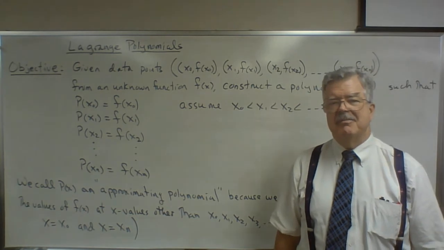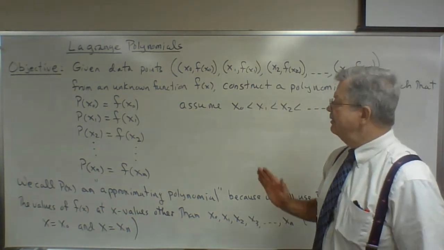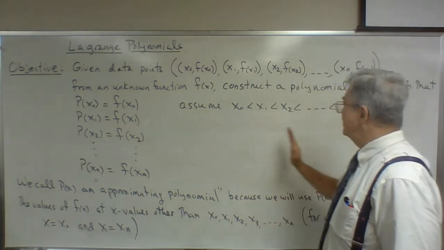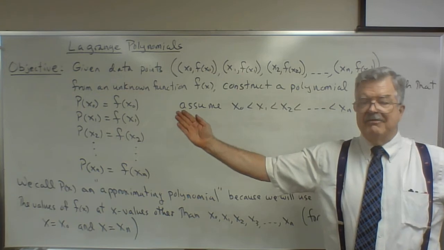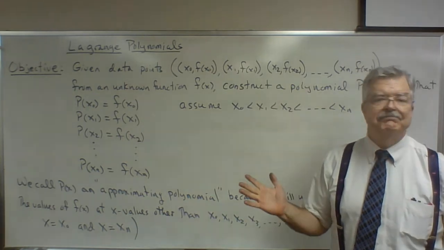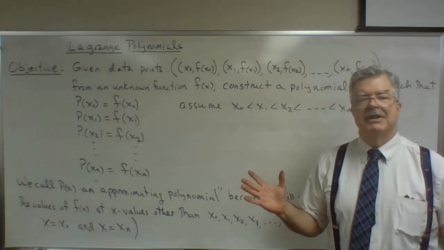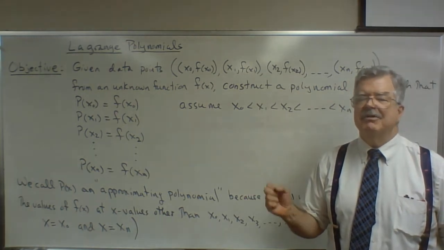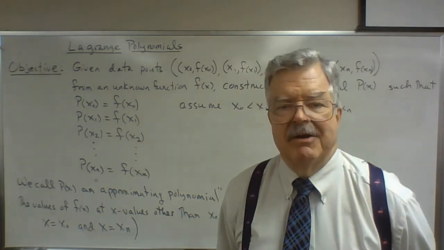So our approximations, we hope, are valid, but if they are valid, they're only going to be valid between x naught and xn. What goes on outside of that interval, we're not really going to hope to get very good results. And why? Well, maybe we'll talk about that later.